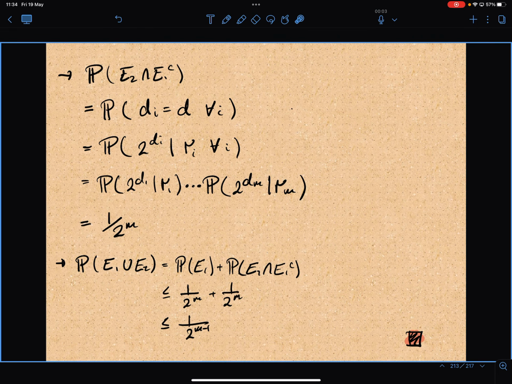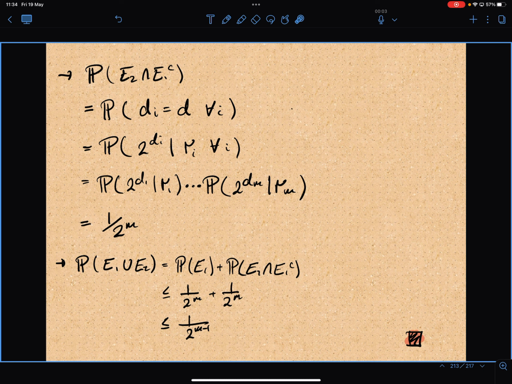So here, what this means is that the probability of E2 intersect E1 complement is equal to the probability that di is equal to d for every i, which is equal to the probability that 2 to the di divides ri for every i.